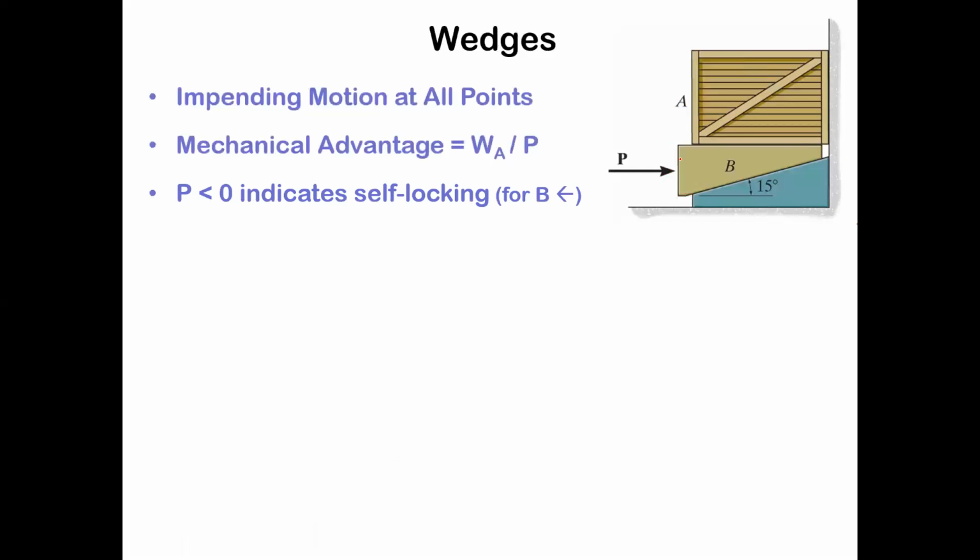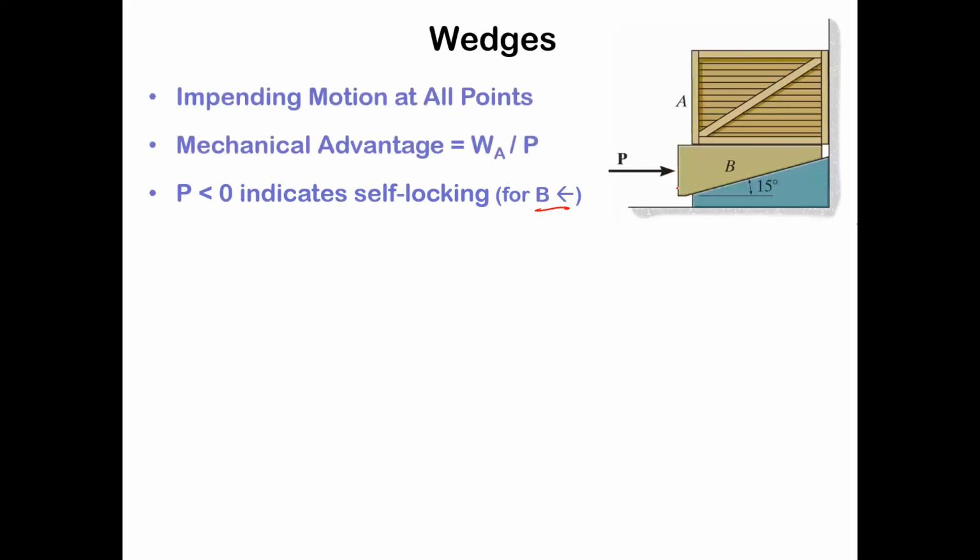This notion of self-locking, though, similar to a doorstop, is that if the P needed to prevent B from sliding to the left is less than 0, that's considered self-locking. In other words, in order to get that crate to slide down, you would have to pull the wedge out as opposed to pushing it in.